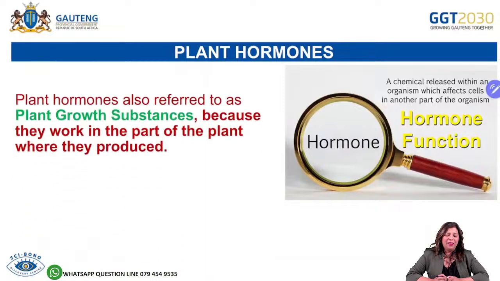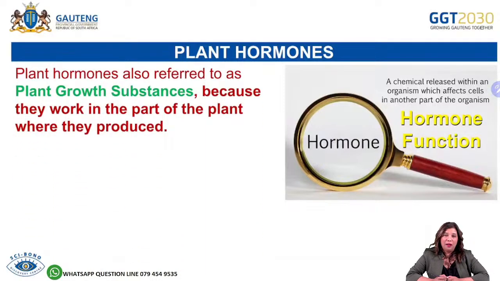But scientists hesitate to call them plant hormones, because remember our definition of hormones. It says that it is a chemical message that is produced in one part of an organism and carried to another part, to the target organ, which then actions the change. But plant hormones work a little differently.